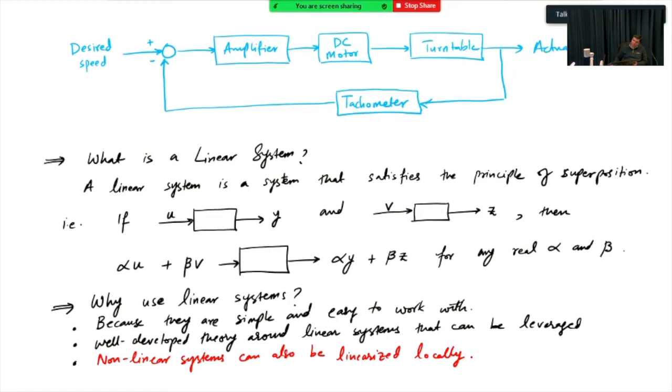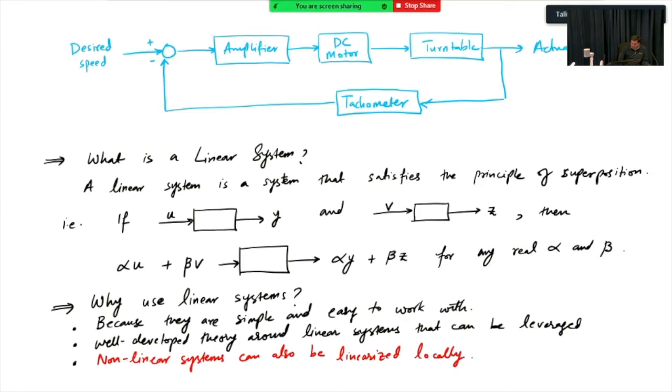So if there's a system which is nonlinear, you can always have a linear approximation to it within a certain small region. So locally you can have a linear representation of the system, and then the whole theory of linear systems will follow. Okay.